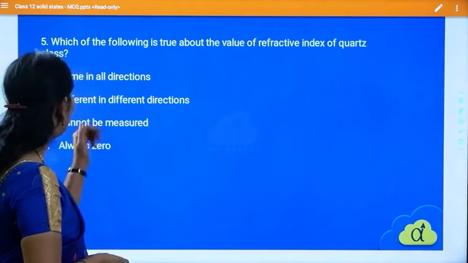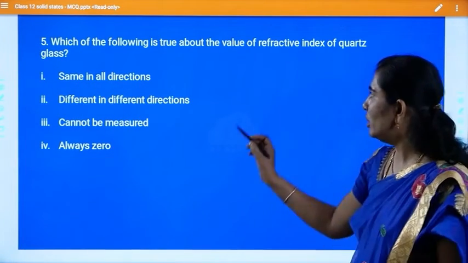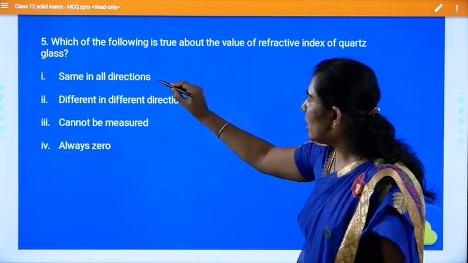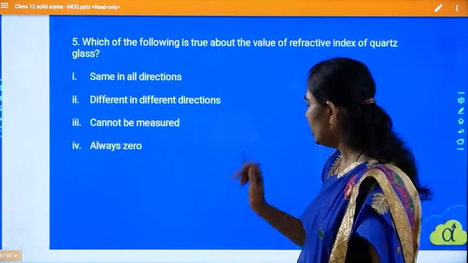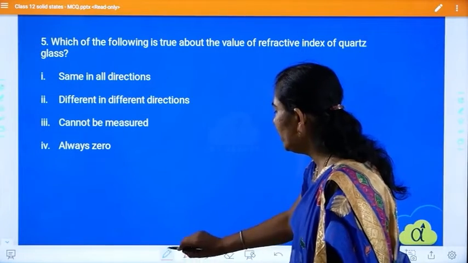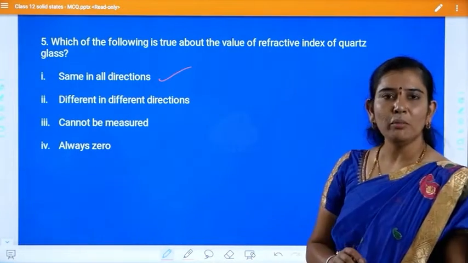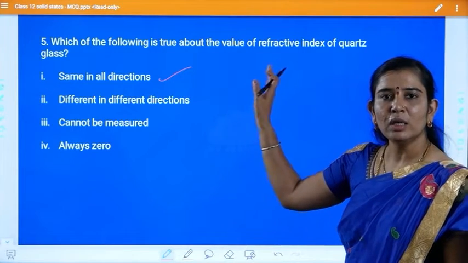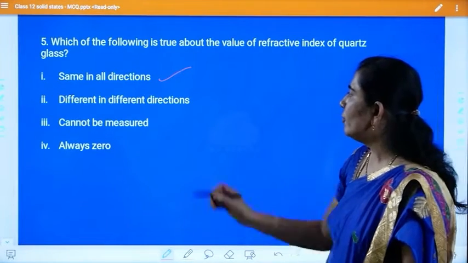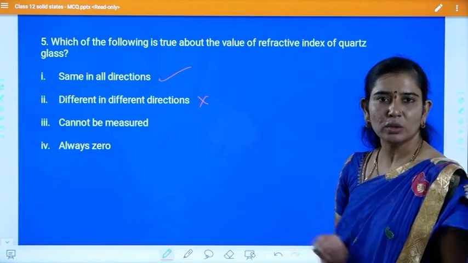With that statement, what can you say here now? Because quartz is an amorphous solid, the refractive index value is the same in all directions. So this statement is correct. Refractive index value same in all directions, because amorphous solids exhibit isotropy. Different in different directions is wrong, that would be anisotropy.